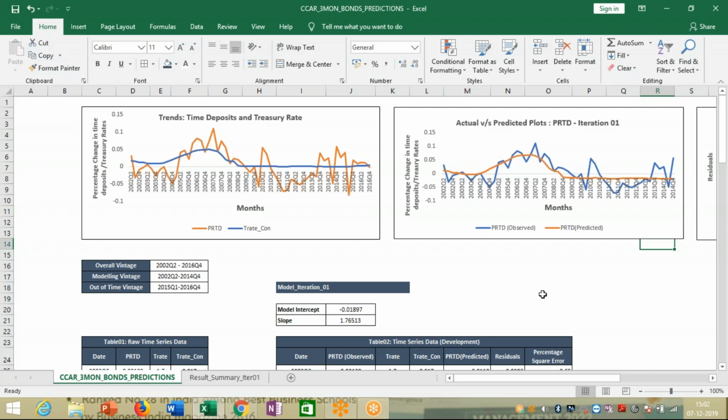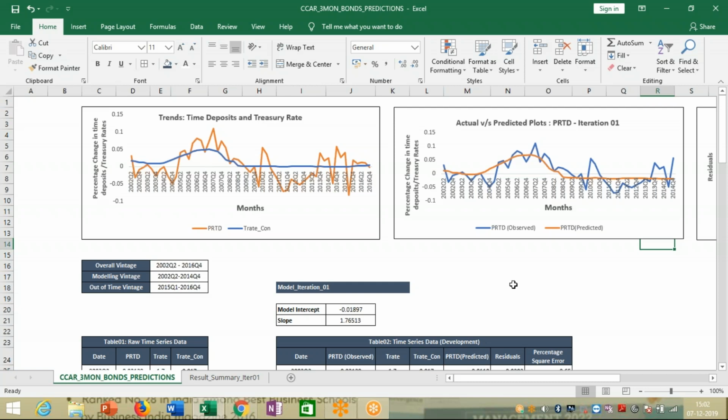The interest today should ideally impact the demand for time deposits in the next month. So there must be a lag period. This is what I want to discuss.